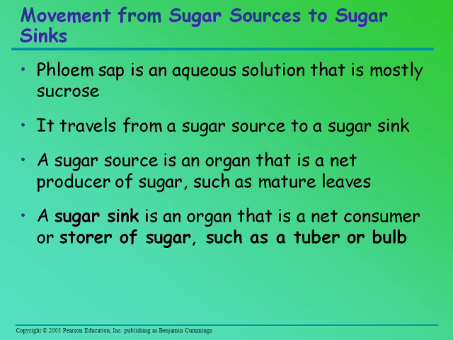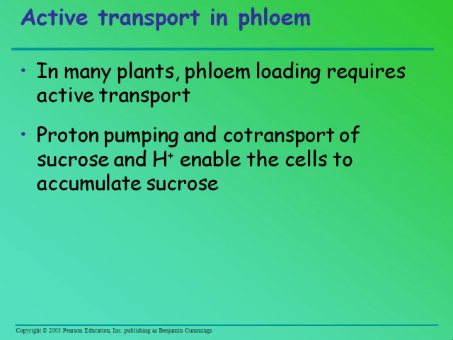A sugar source is an organ that is a net producer of sugar, such as mature leaves where there's a lot of photosynthesis. And a sugar sink is an organ that is a net consumer for growth, or it can store the sugar, like in a bulb or a tuber. Phloem loading requires active transport, just like we talked about with the proton pump.